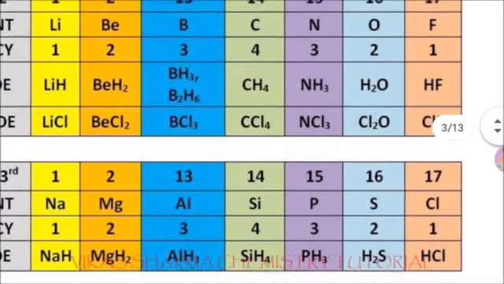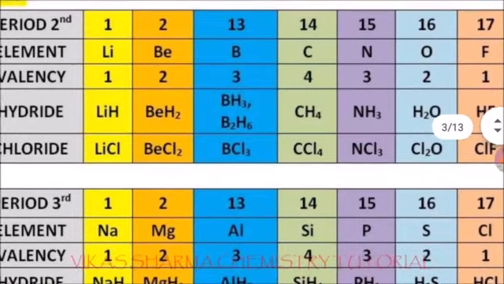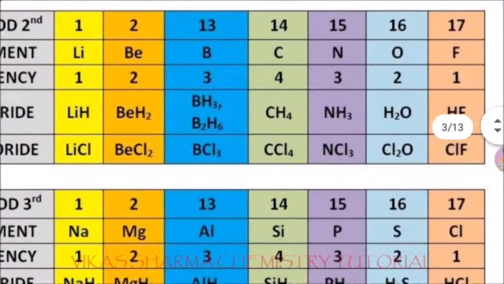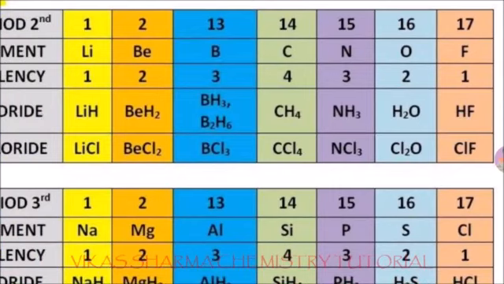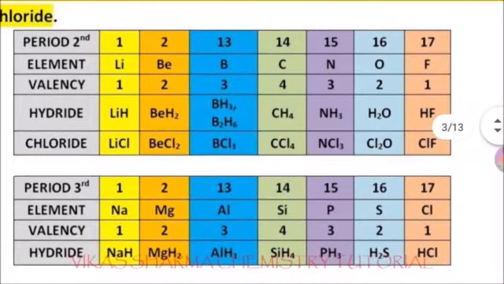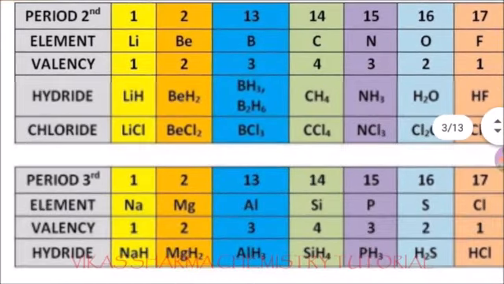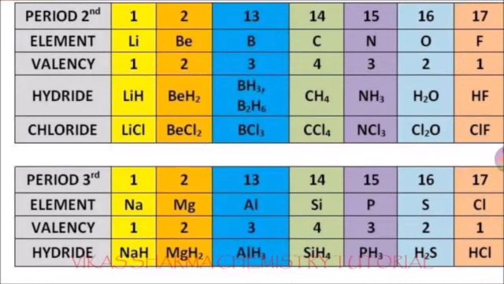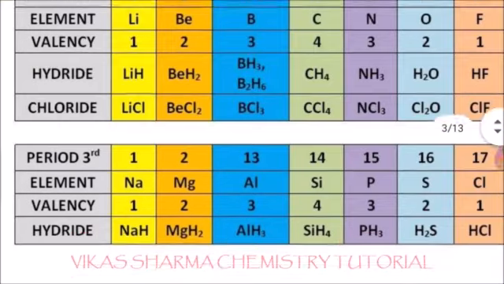So the pattern of valency in a period is 1, 2, 3, 4, then 3, 2, 1. And you know inert gases do not form compounds, so their valency is 0 because the outermost shell is totally filled. These are the trends of valency in a period, and the same types of hydride and chloride are formed by the group members.